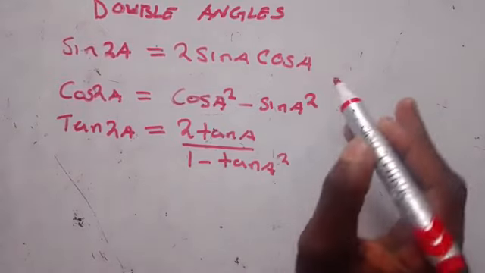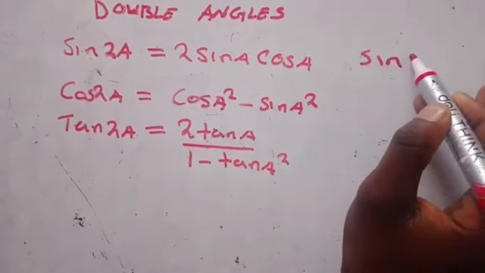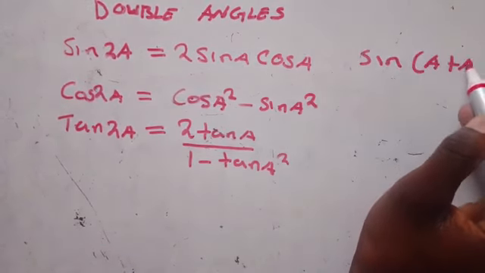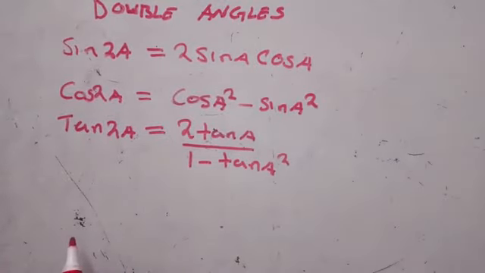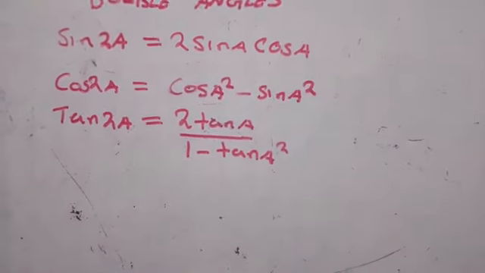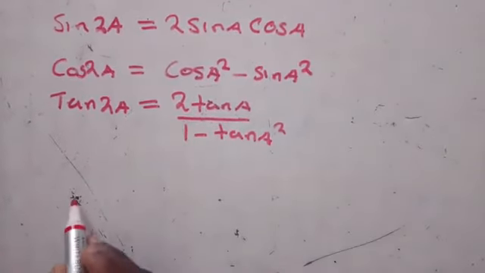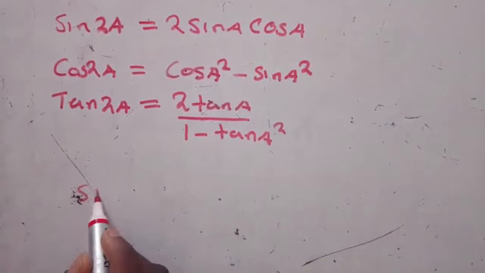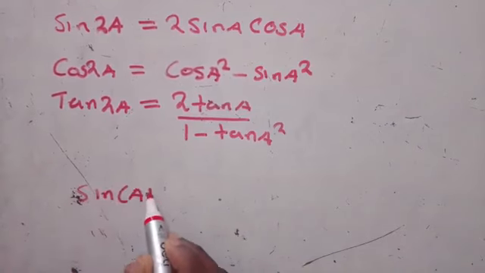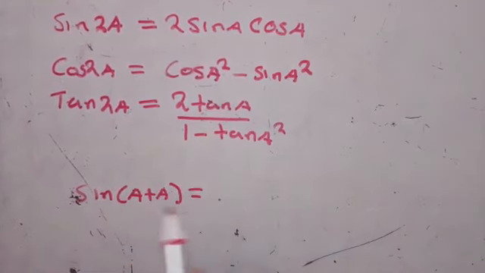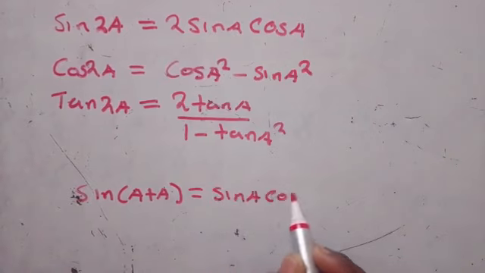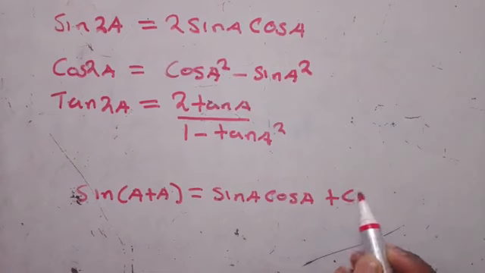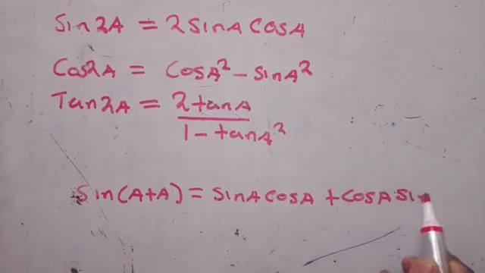Sine 2a is the same as sine of a plus a. Let me write it here so that we understand clearly. Sine 2a is the same as sine a plus a, which will give us sine a cos a plus cos a sine a.